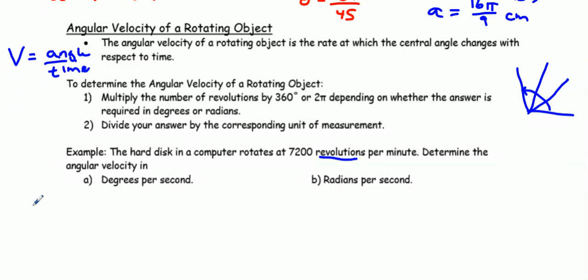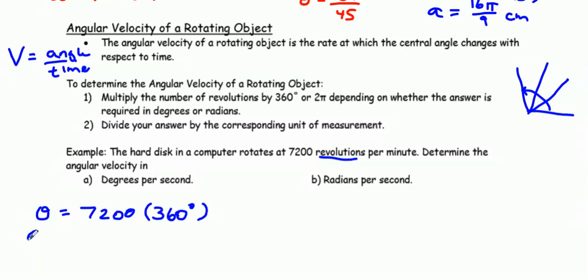Well, if we have 7,200 revolutions, the angle that it makes if it rotates once is going to be 360 degrees, so 7,200 times 360.